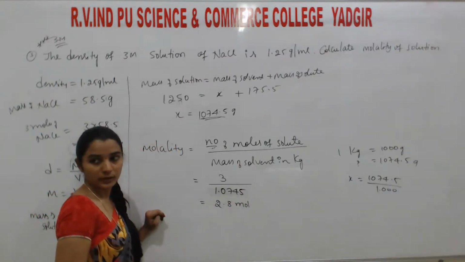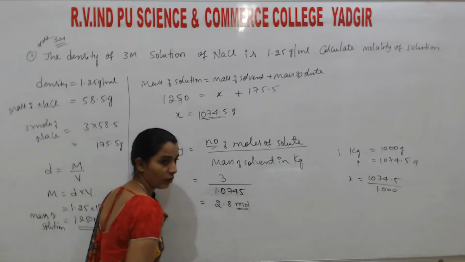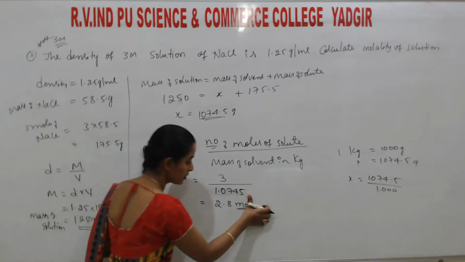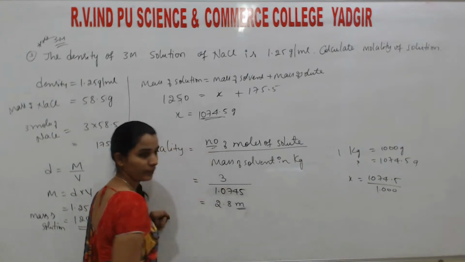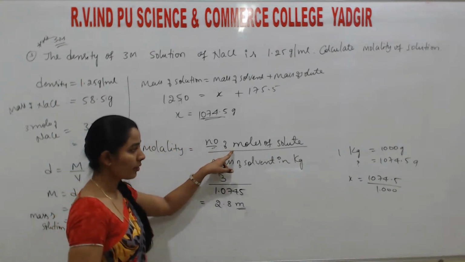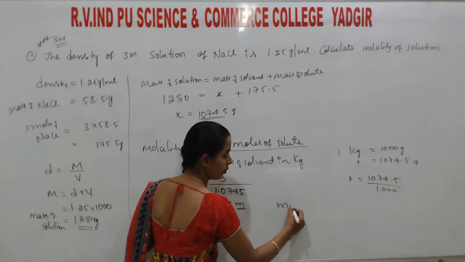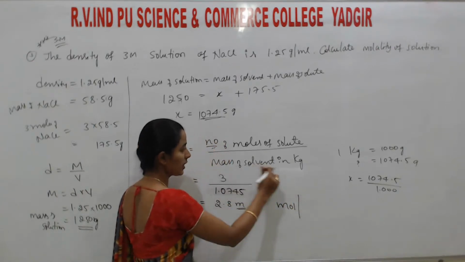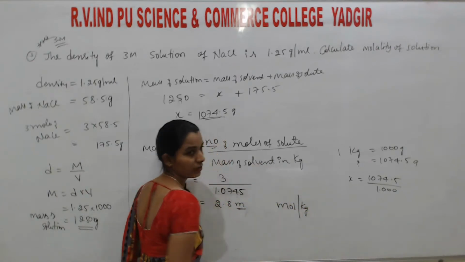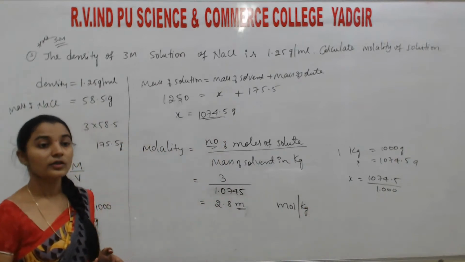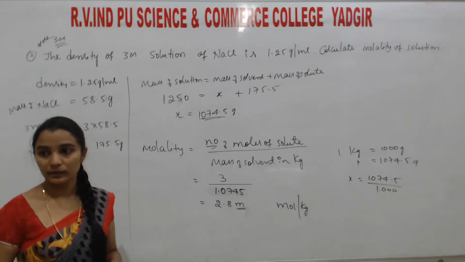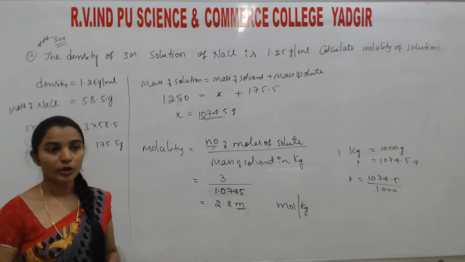Okay, so this is what molality, represented by small m, or you just simply mention m. So students here listen, number of moles means mole. This is kg means this mole per kg is the unit of molality. Important for 1 mark.